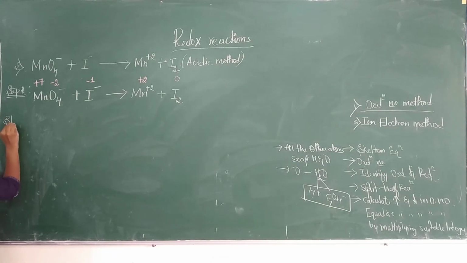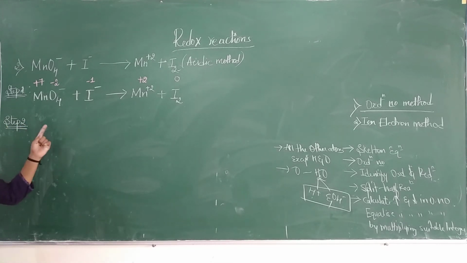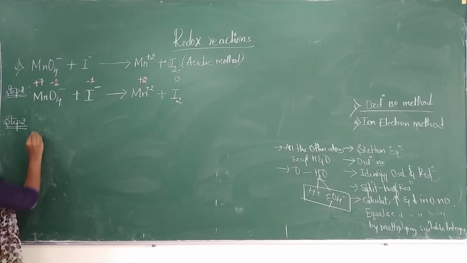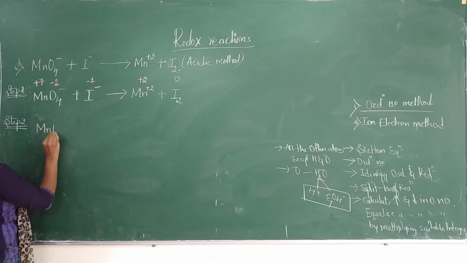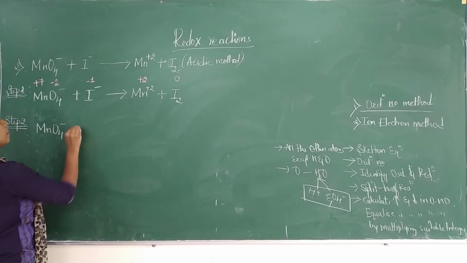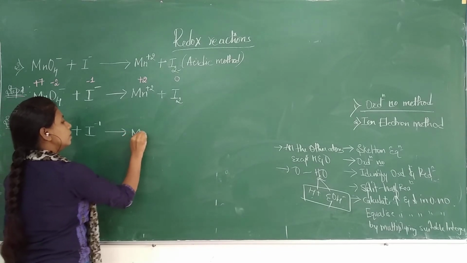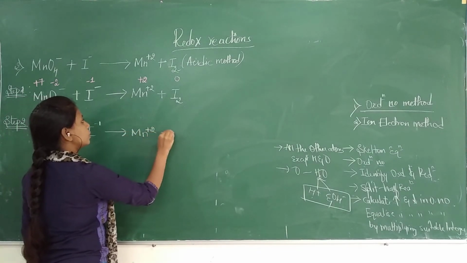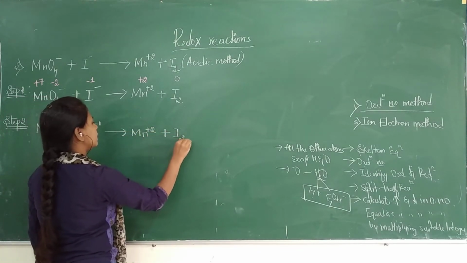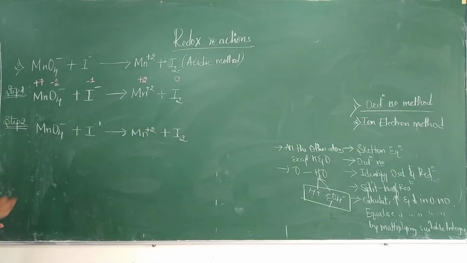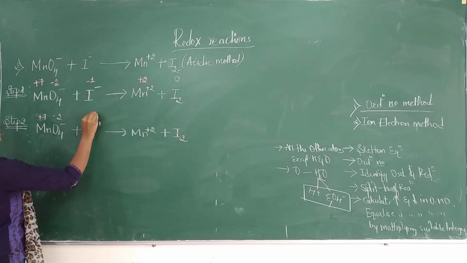Next step. You are going to identify where there is oxidation and where there is reduction. Just by seeing the oxidation number, tell me where there is oxidation. I am asking in which atom oxidation has occurred.